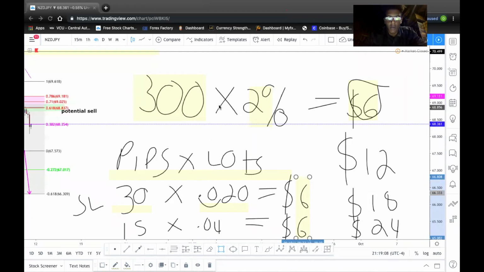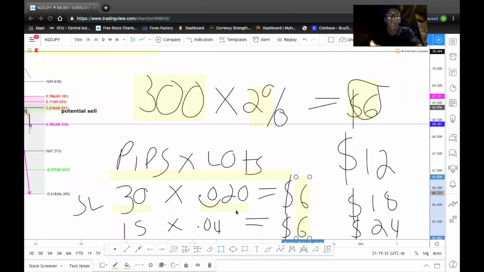So again, what we did right now is we calculated our position size. We're risking 2%. So we have the amount on your account, you multiply by 2%, and you get the actual amount you should be risking, which again is $6. So we can risk $6 by going two different ways.